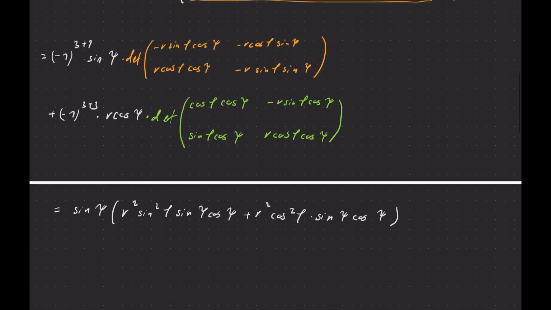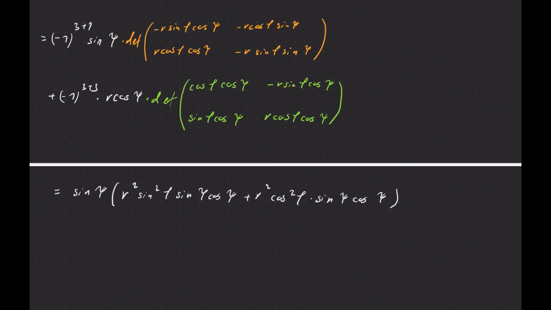And for the second part, minus 1 to the 3 plus 3 is minus 1 to the 6, so that's plus 1 again. So we have r cosine of psi, and this determinant here. Now this is r cosine of phi squared cosine of psi squared plus r sine of phi squared cosine of psi squared.